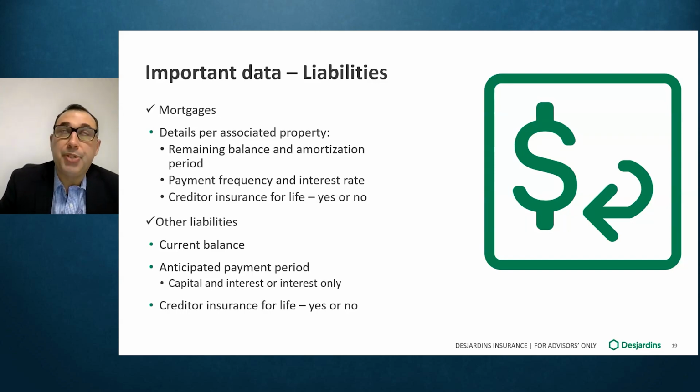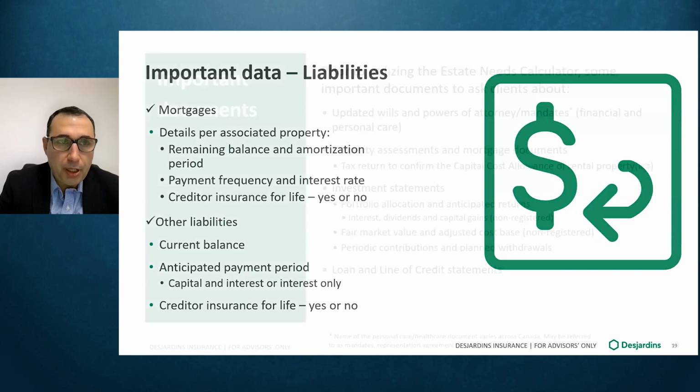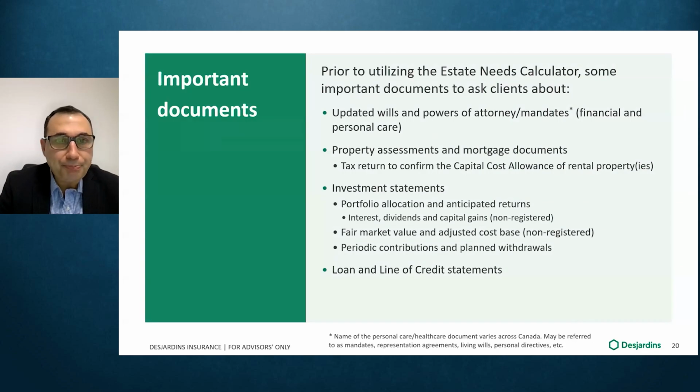So oftentimes debt would show at zero by life expectancy, just depending on how we've added it in to the calculator. We can indicate interest rates and payment frequency and so forth to establish the net amount at life expectancy. And we can also put in other loans and leases, and I'll show you an example of that shortly.